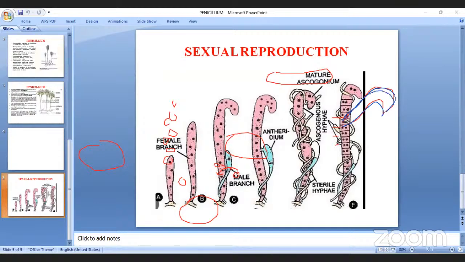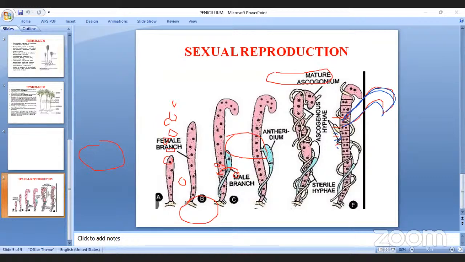From the dinucleate part, with two nuclei, there is no fusion after the antheridium nuclei enter the ascogonium. Only two nuclei are formed. These are cells: this is one cell, this is another, 1, 2, 3, different cells are there.